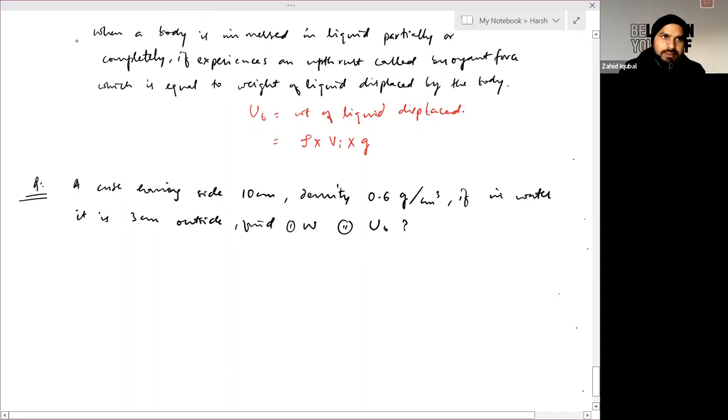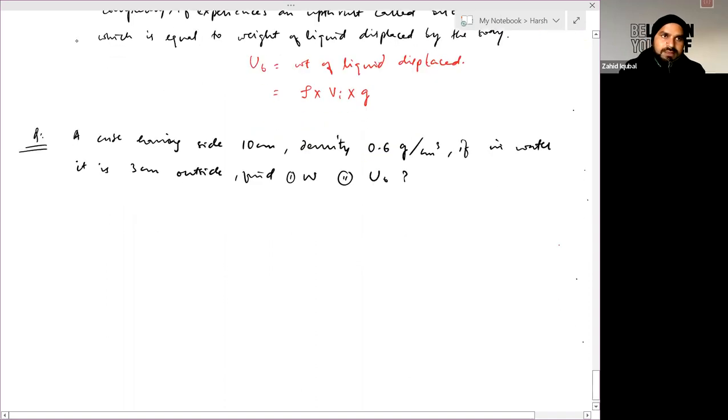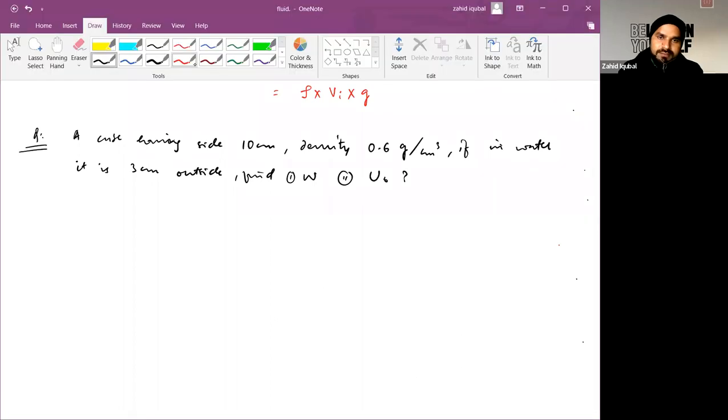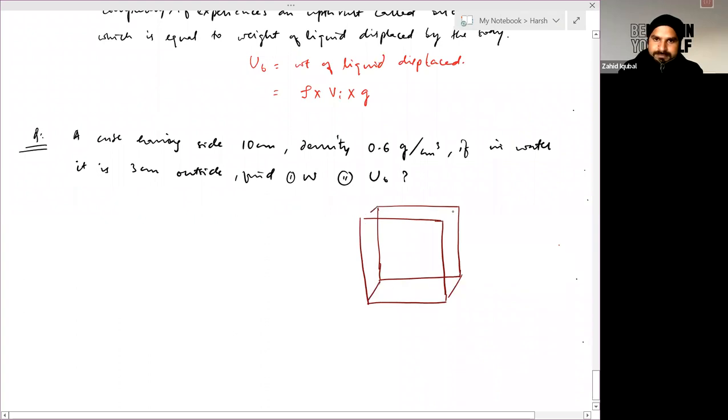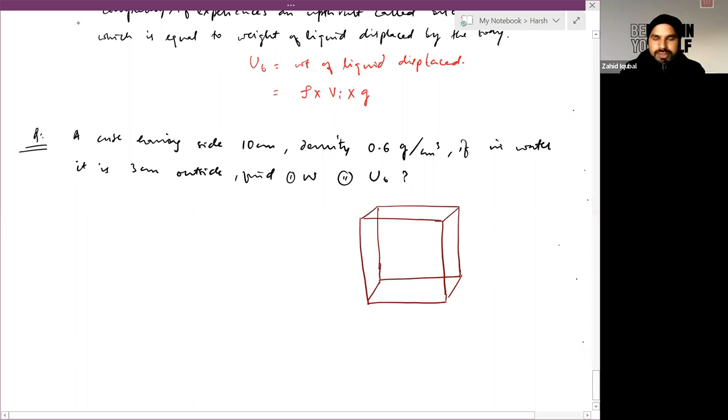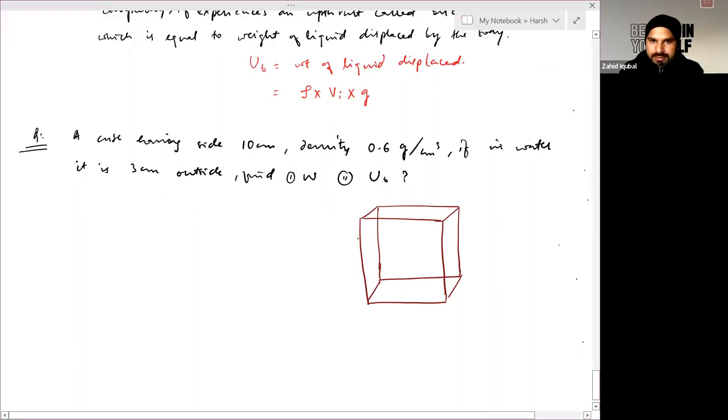Let me give you a hint how to solve. Suppose you have a cube of side 10 centimeter like this, in which 3 centimeter is in air.